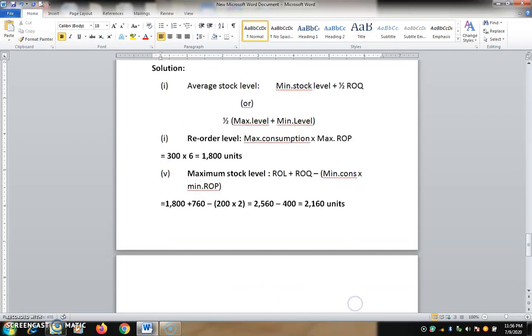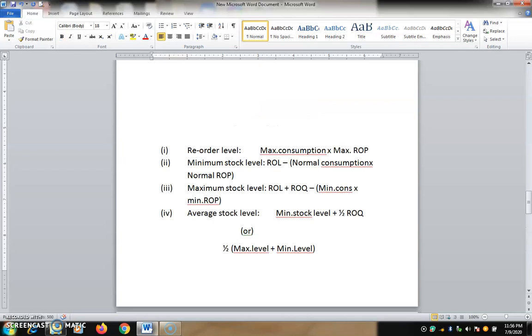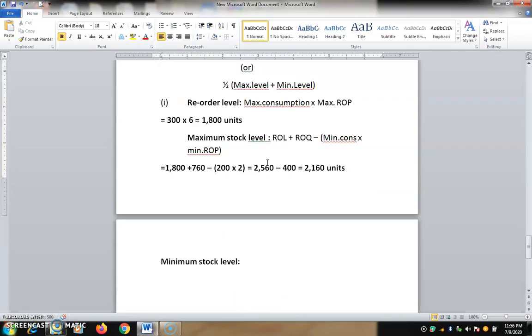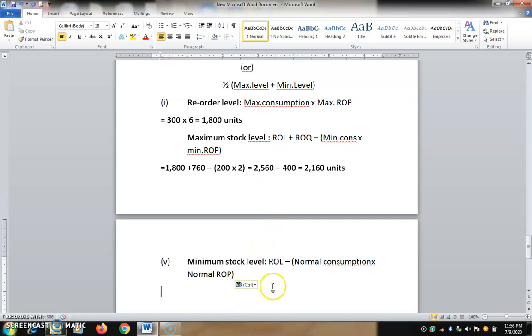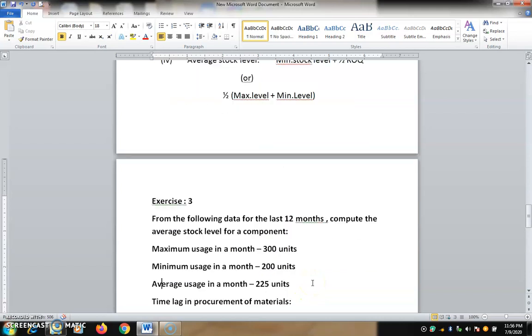So next we are going to calculate minimum stock level. The formula to calculate minimum stock level is reorder level minus normal consumption into normal reorder period. In this problem, normal consumption is otherwise known as average consumption.